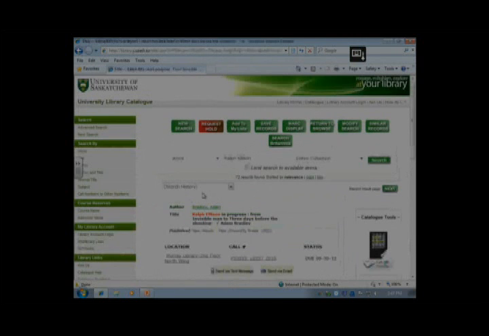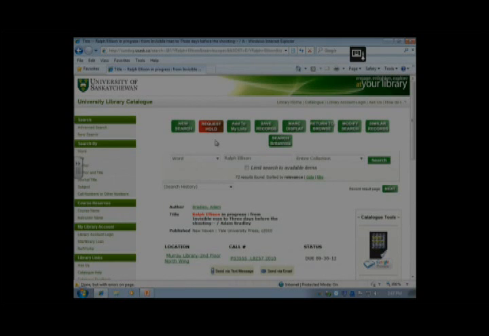Request hold. If you wanted to put a hold on a book, for off-campus, I would imagine that you would put a request in through the off-campus request system, and they would put a hold on it and get that book for you and ship it out if you're a distance education student and you're not located in Saskatoon.